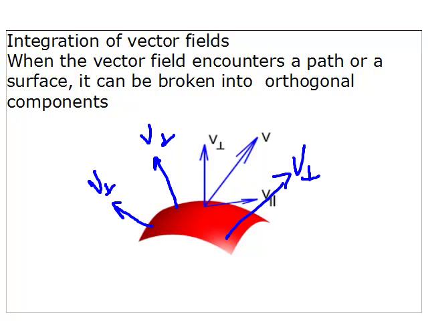Okay, you see what we're getting is, if this is the vector field, the amount that's parallel, that's tangential, is sort of like flowing around on this surface. This is the amount that would be flowing through it, and if you integrate, that means add up all these V perps, you get the flux. That's the flux that is coming through this surface. When you integrate the tangential components, okay, there you get the circulation.